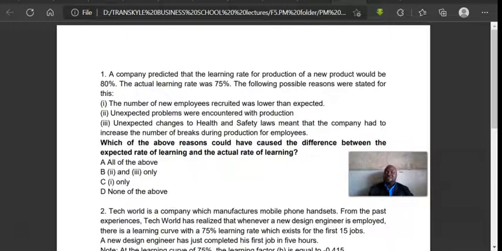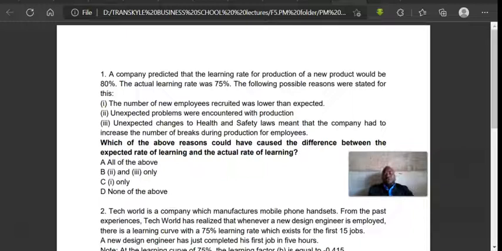So the time required for training is shorter if the learning rate is low. But if the learning rate is high, then it simply means that we are requiring more time on training, something like that. So you need to reason along those lines so that you're not going to shoot yourself in the foot.